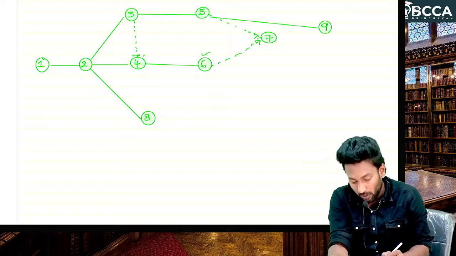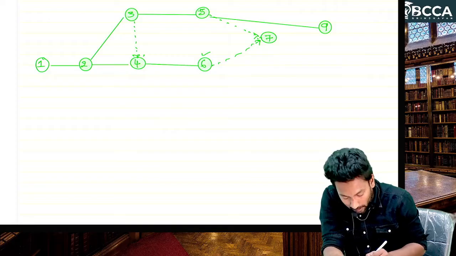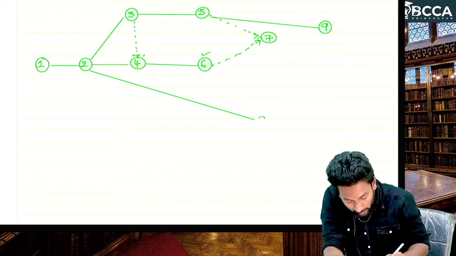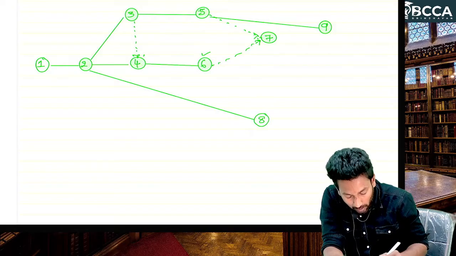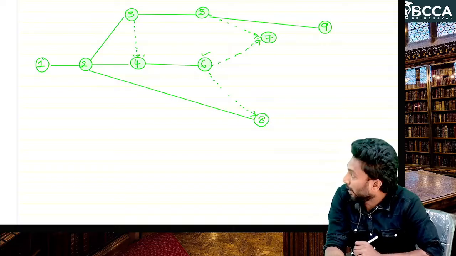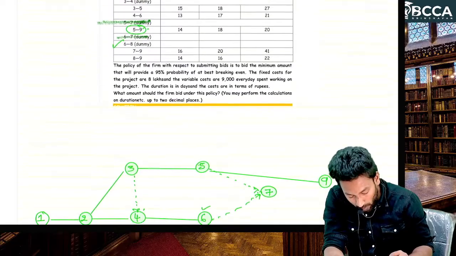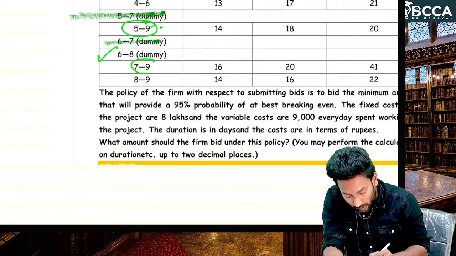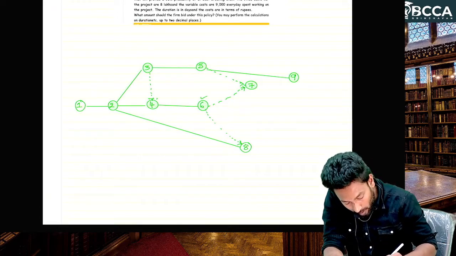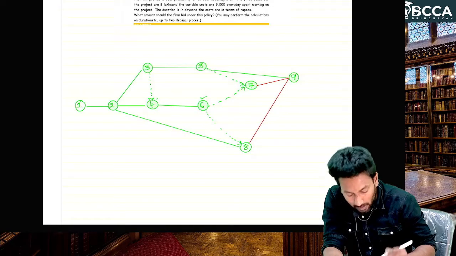So even though this is a dummy activity, let us extend it and draw 8 like this, so that I don't need to draw arrows from right to left. Finally we have 7 to 9 and 8 to 9. This is the network diagram.